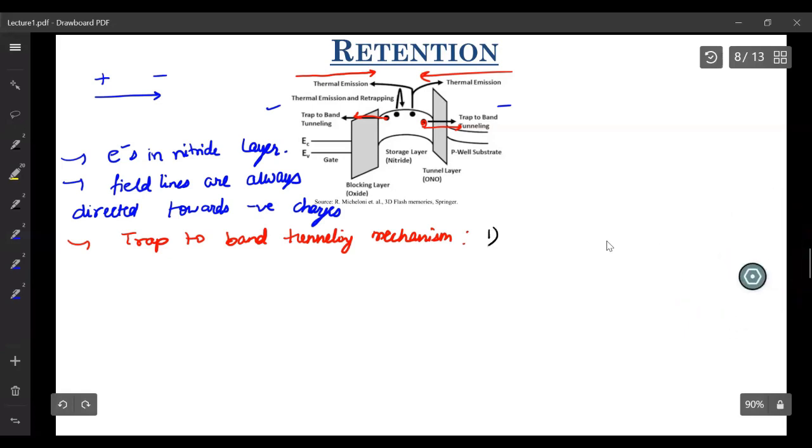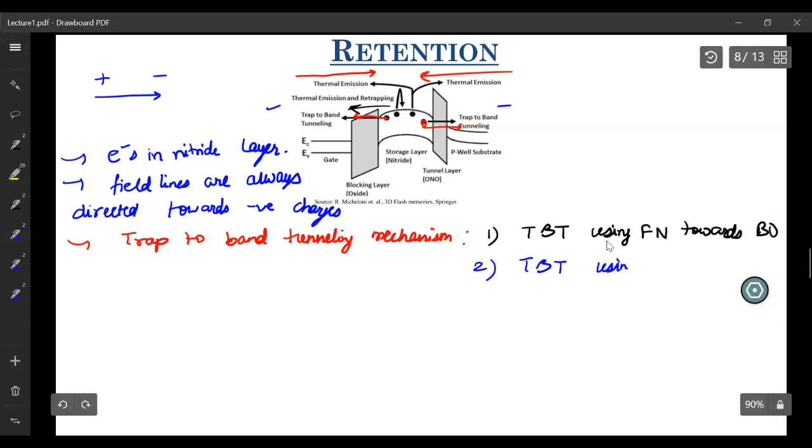The first component is trap to band tunneling using the FN mechanism towards the blocking oxide. That is this one. And the second one is trap to band tunneling using direct tunneling or FN, depending upon your tunneling oxide thickness, towards your tunnel oxide.